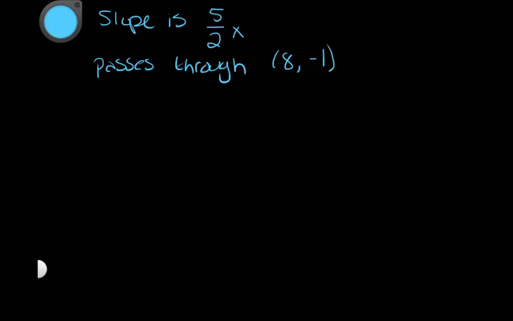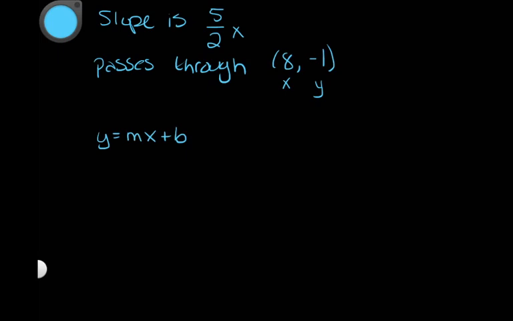So 8 is an x coordinate, negative 1 is a y coordinate. So what I'm going to do is plug this into the equation of the line with this slope. That will help us to find our y-intercept. So y equals mx plus b. My m is my slope. I have an x and y. What I'm looking for is the b.